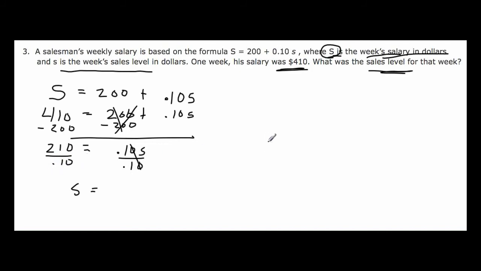Even though I can do it the long way, if I move the decimal over one place, 1 goes into 21 actually 2,100 times. So I had to sell $2,100 worth of whatever merchandise it was. I got 10% of it, which is $210, and then they gave me $200 for my salary, and that equaled the $410 altogether.